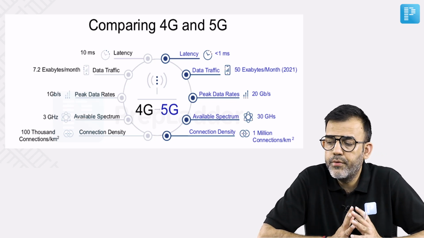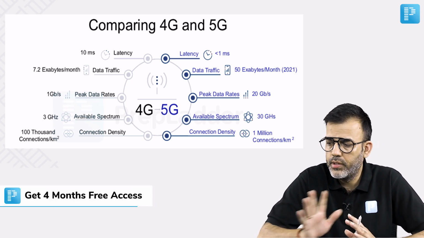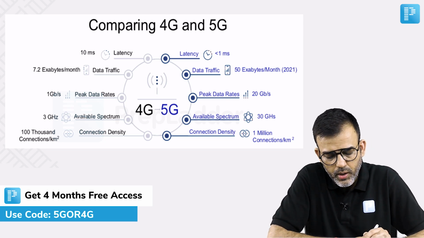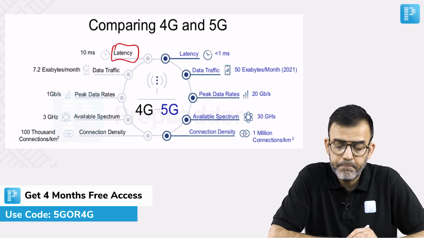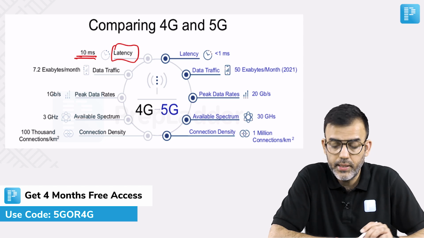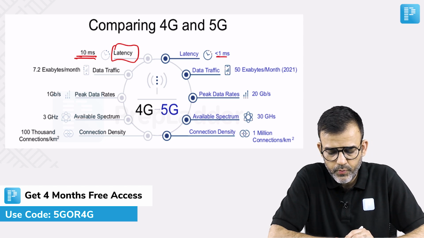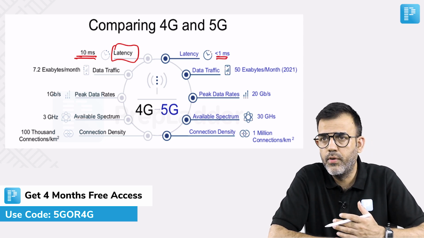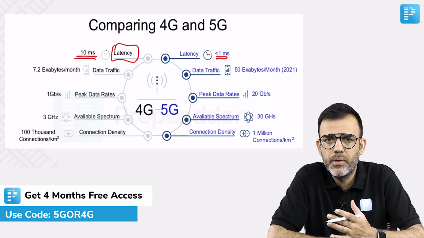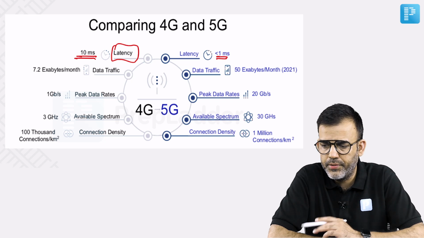Now, comparing 4G and 5G. This image compares essential data parameters. In reference to latency, in 4G, latency was 10 milliseconds. With 5G, it will reduce 10 times and become almost 1 millisecond. That is, for practical purposes, there will be no latency.